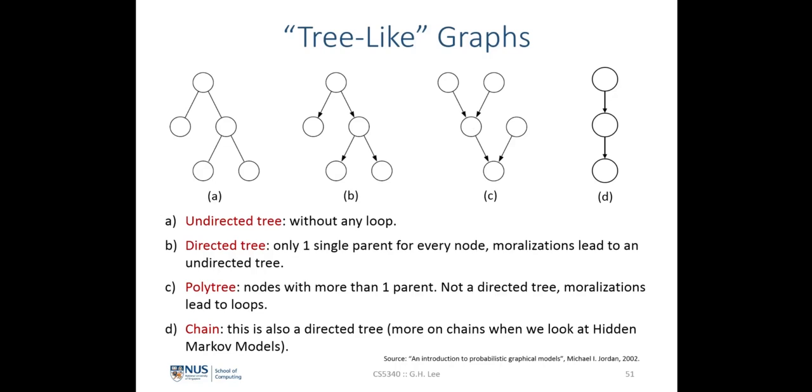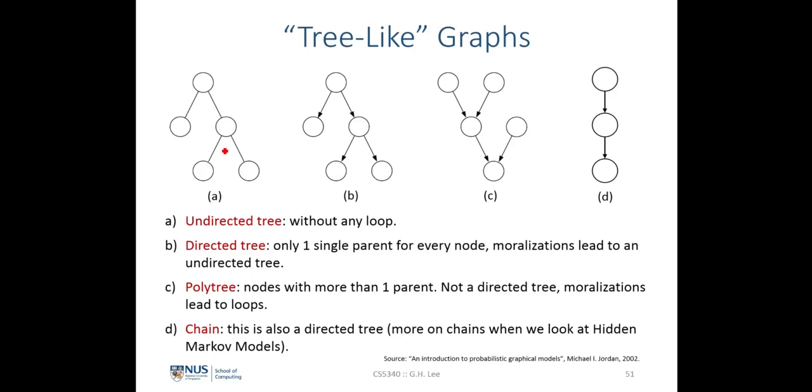So here in example A, this is an undirected graphical model, which is a tree structure without any loops. So the characteristic of a tree-like graph is that it has no loop in the graph, and every child node is only connected to one single parent node.